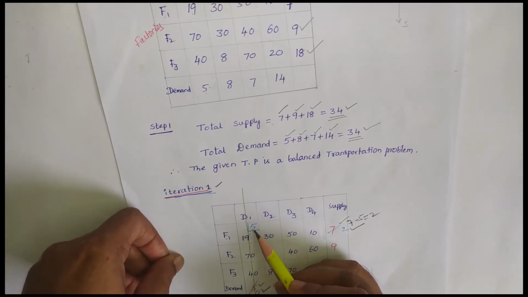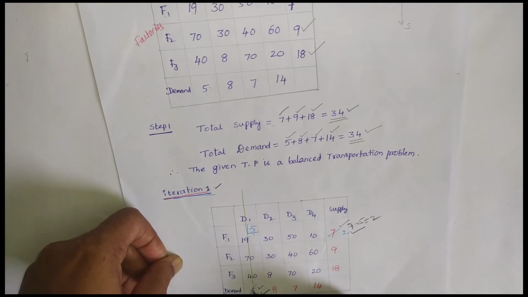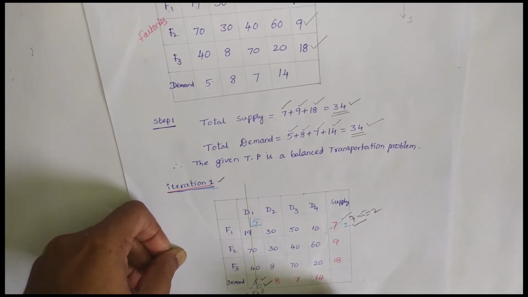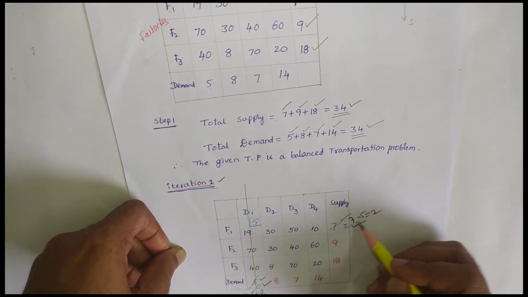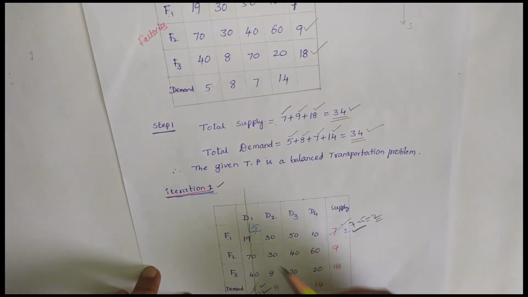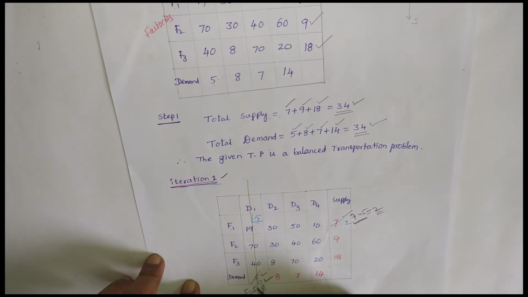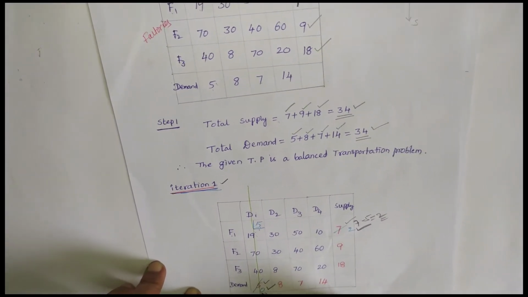After allocating, demand is 0 because 5 minus 5 is 0, and supply is 7 minus 5 equal to 2. So the D1 column is deleted because it is satisfied, that means demand is 0 for this column.